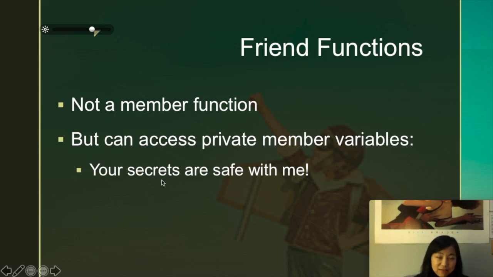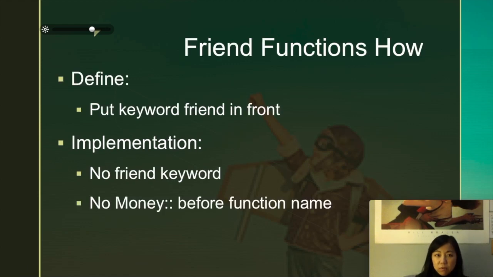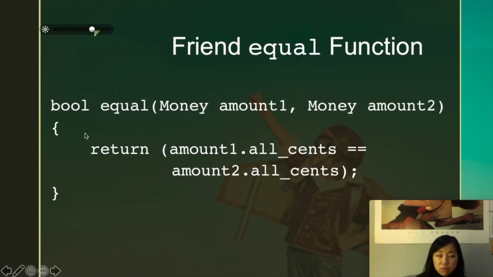Like I said, your secrets are safe with me because we are friends. To show you, to implement this, we can directly access the all cents, because we are friends, so we can access the cents, the private member variable, directly using the dot operator.